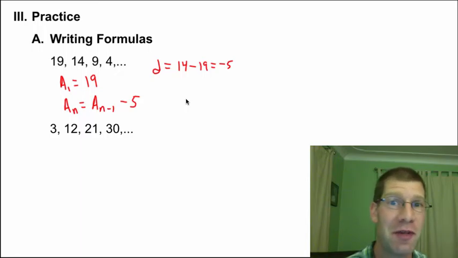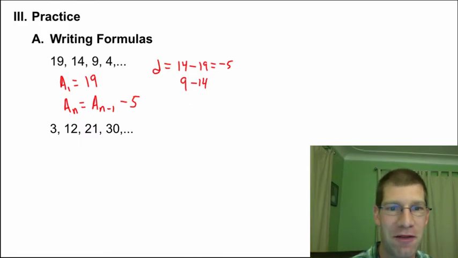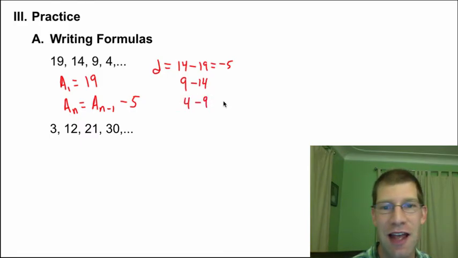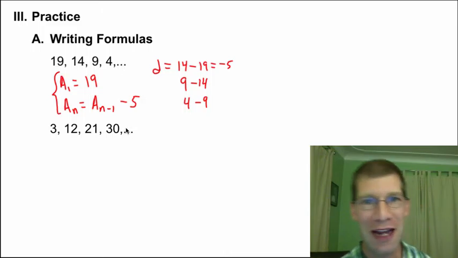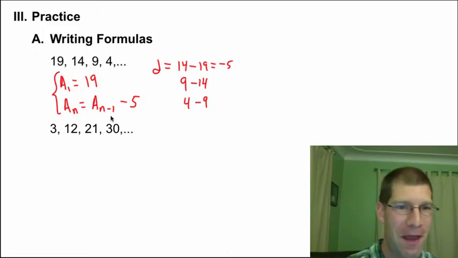If this is actually going to be an arithmetic sequence, that should work for all the numbers. So 9 minus 14 would also have to give you a negative 5. 4 minus 9 has to give you a negative 5. If any of those don't equal negative 5, you don't have an arithmetic sequence. Drawing the curly bracket is sometimes the hardest part. So okay, that's our first one.